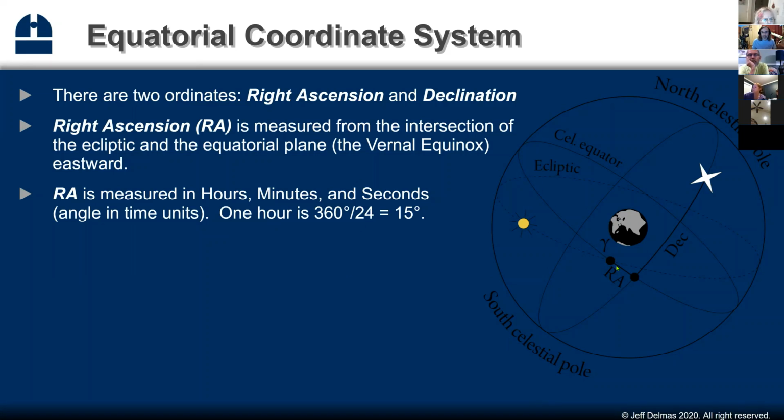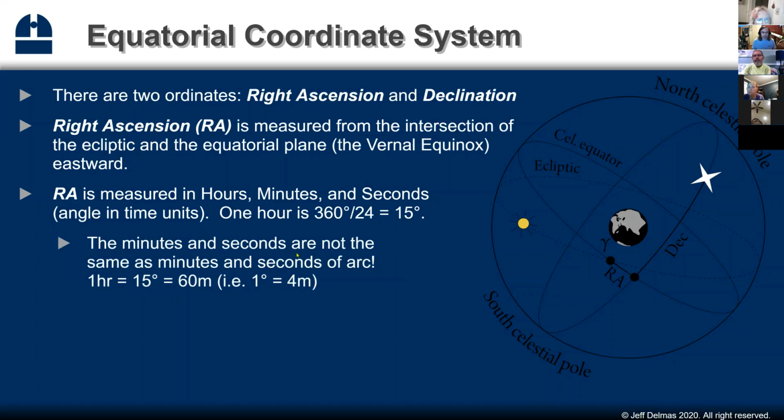Now that's true only on the ecliptic, because up here, of course, at the celestial pole, it's 0 degrees, but it's just a matter of the cosine of your declination, your height here, how many degrees it actually is.